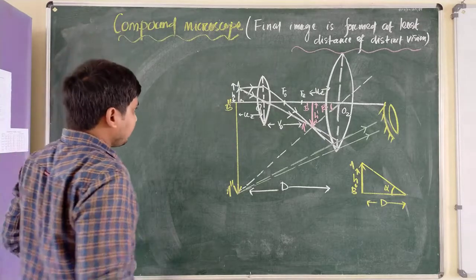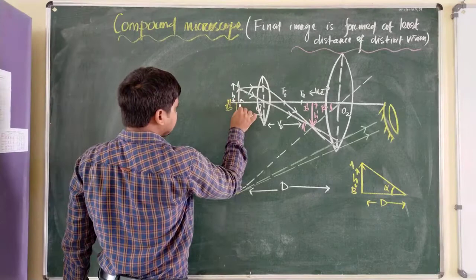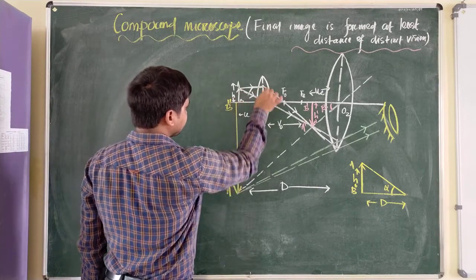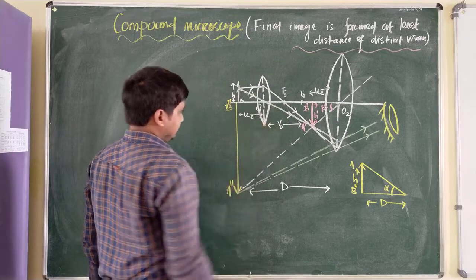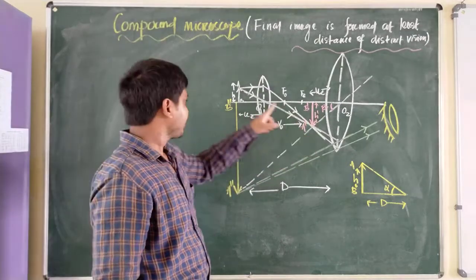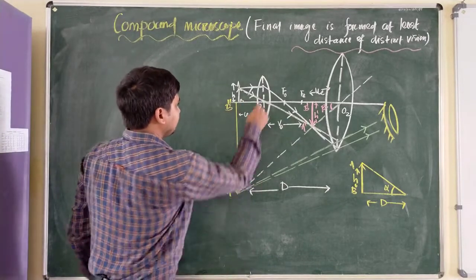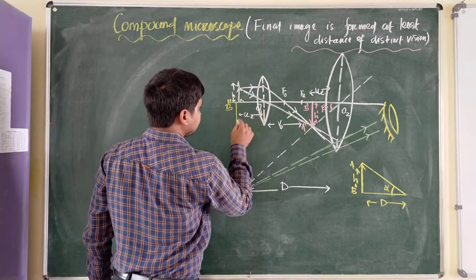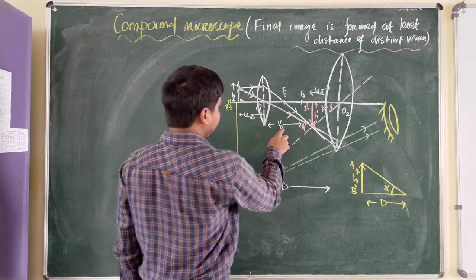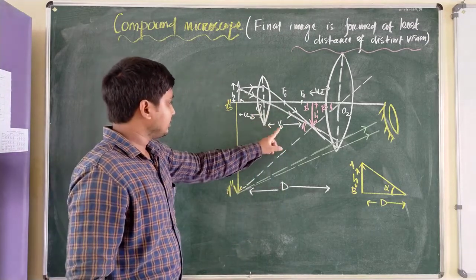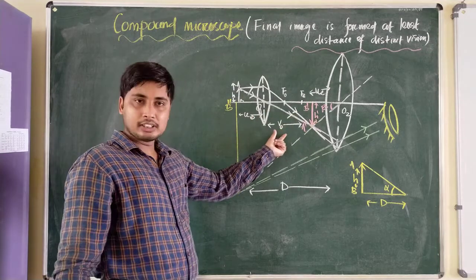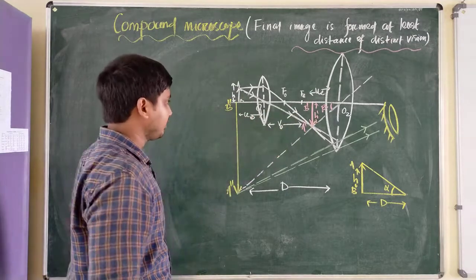AB is the object, and the light coming from AB falls on the objective lens, and its image A prime B prime is formed here. The object distance for the objective is UO and the image distance for the objective, for A prime B prime, is VO.